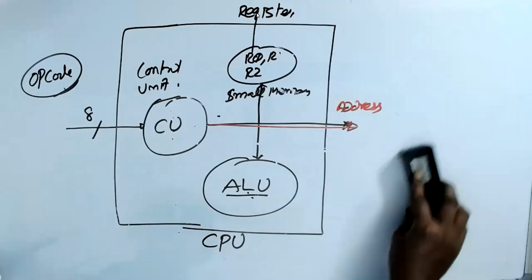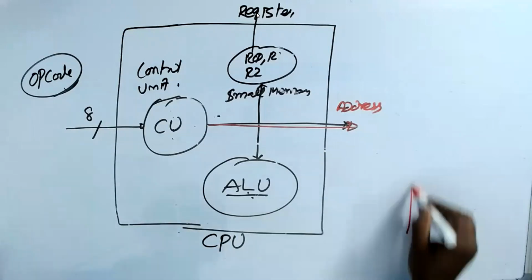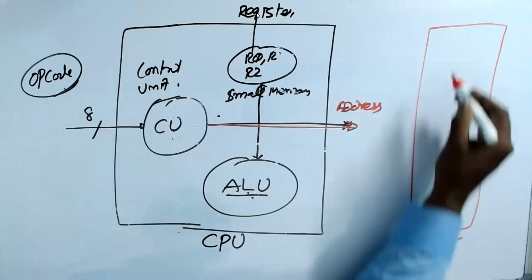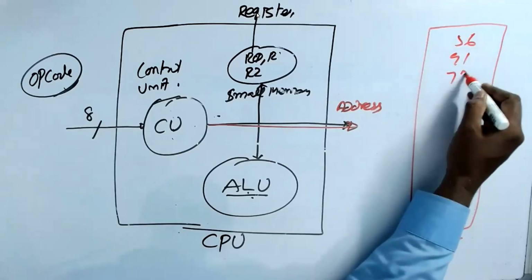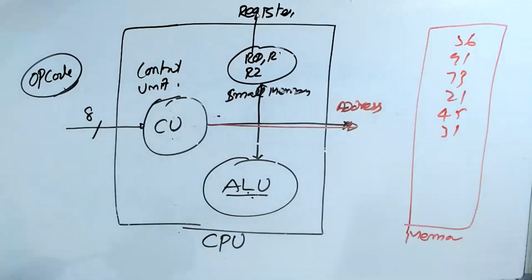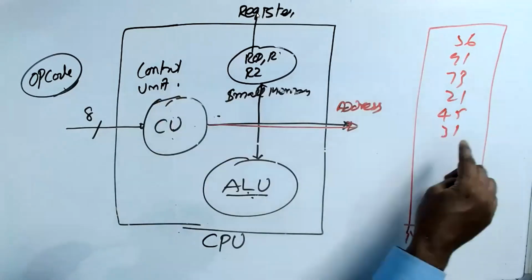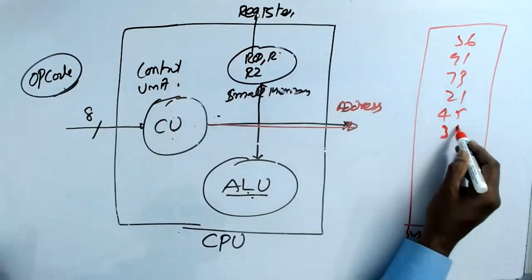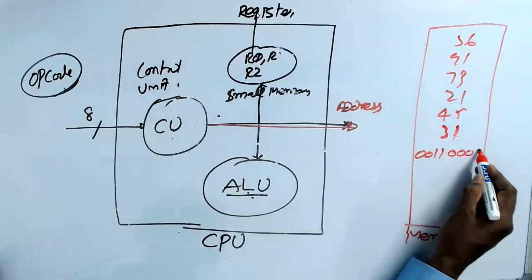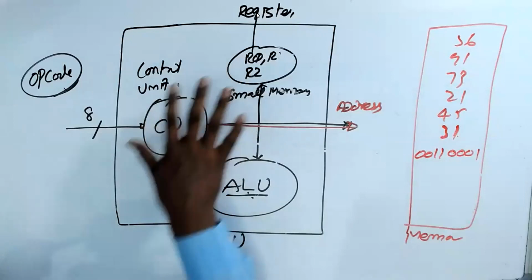Because it takes the instruction from the memory. 56, 91, 73, 21, 45, 31, like that. These are all your instructions, stored as numbers. Please understand, this microprocessor can understand a number, but it is also binary. If I write 31, it's not 31, that is 0011, 1 is 0001. So the microprocessor understands only binary.